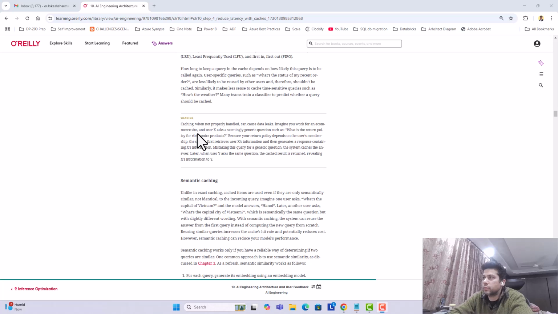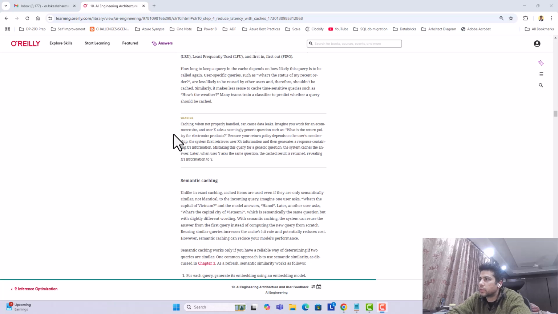Caching, let's move forward. Caching, when not properly handled, can cause data leaks. Imagine you work for an e-commerce site and user X asks a seemingly generic question: what is the return policy for electronics products? Whether your return policy depends on the user's membership, the system first retrieves user X information, then generates a response containing it, and mistakenly caches the answer for a generic question.